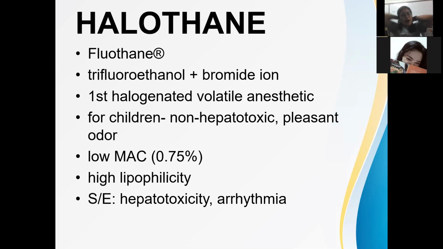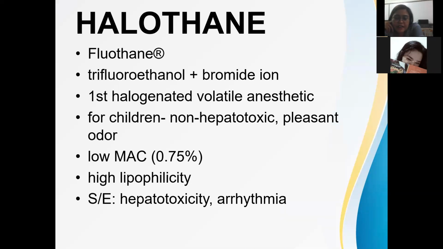Again, slow onset of action, because it takes a long time to achieve equilibrium in the brain, since it is soluble in the blood. So it takes a long time to take action.